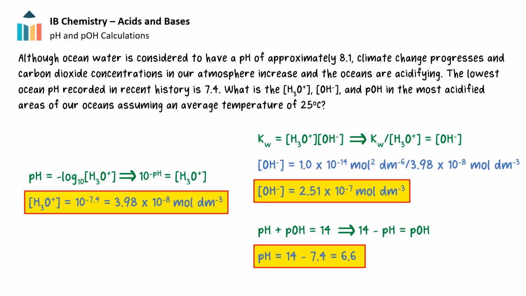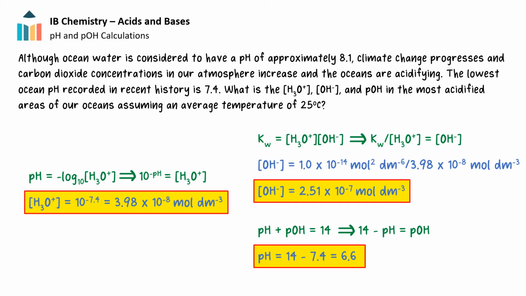To figure out the concentration of hydroxide ions, we can take the expression for Kw and rearrange it for the concentration of hydroxide ions. So the Kw divided by the concentration of hydronium ions is the concentration of hydroxide ions.